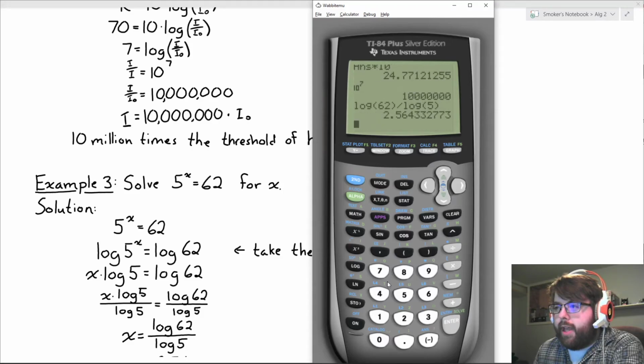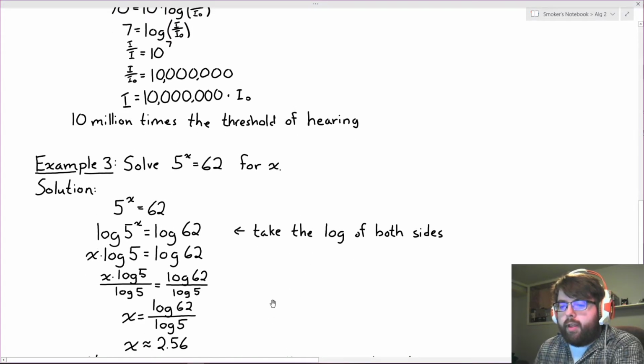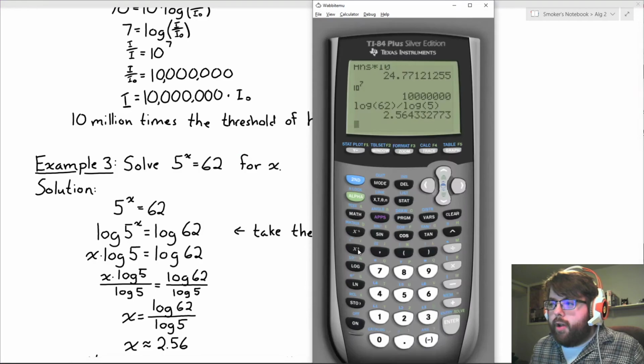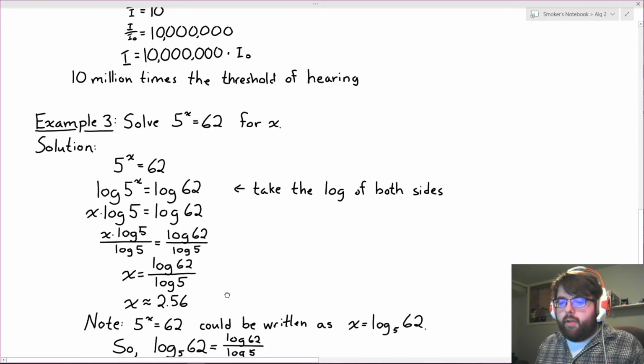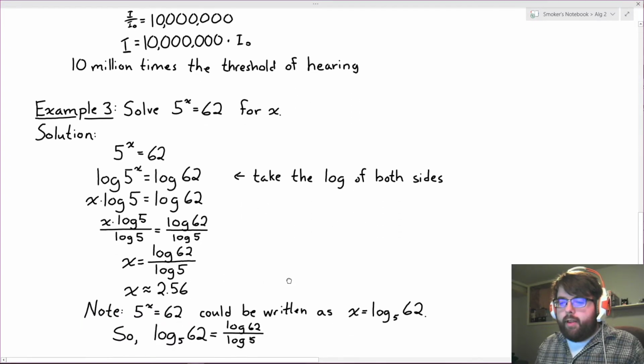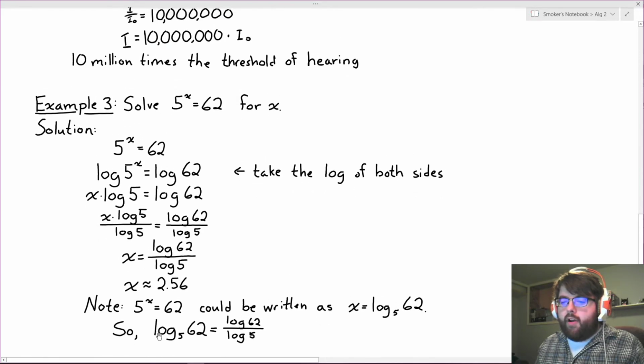And I'm going to get a decimal value. But what's important to note about this is that what we just did would be the same thing as finding the log base 5 of 62. Log base 5 of 62 will be equal to this decimal value. Essentially, log base 5 of 62 is equal to log of 62 divided by log of 5.